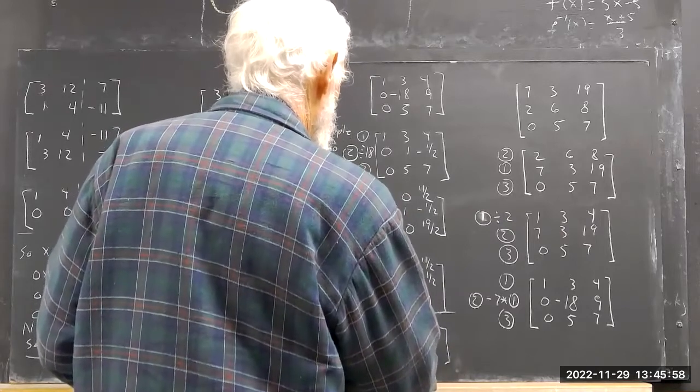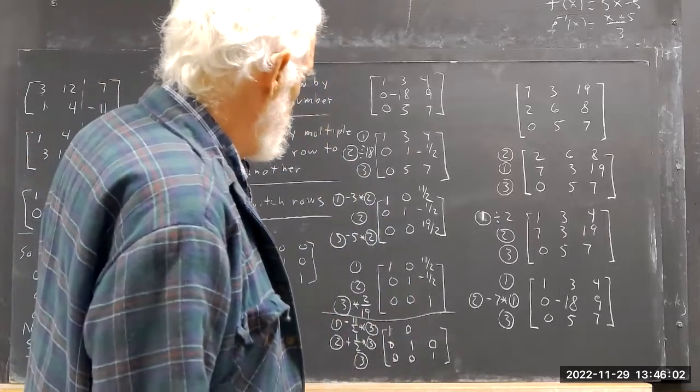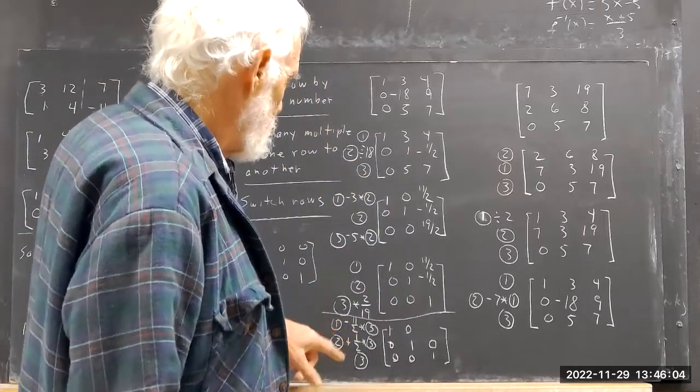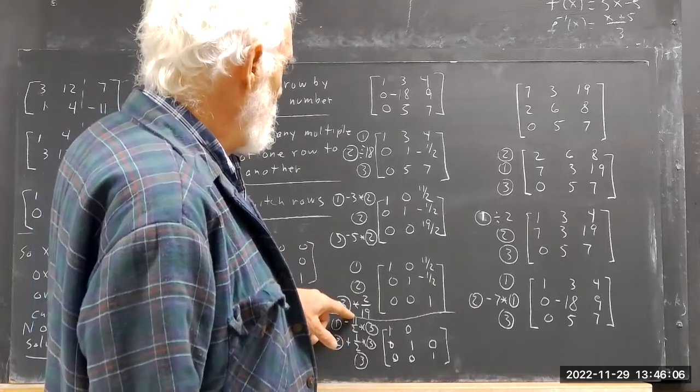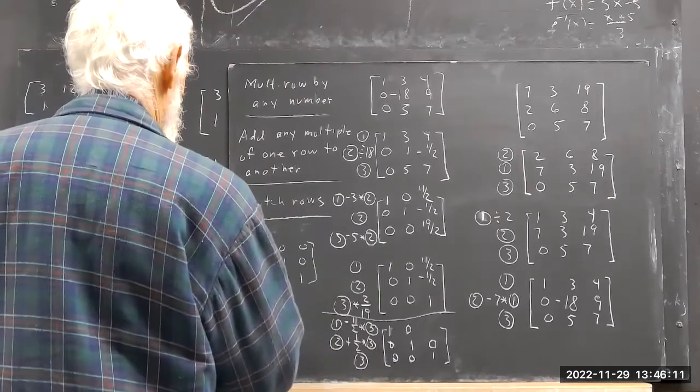And my first row is then going to be 1, 0. And this is one that's probably a little hard to read. It's row 1 minus 11/2 of row 3. I'll write that out a little more clearly.